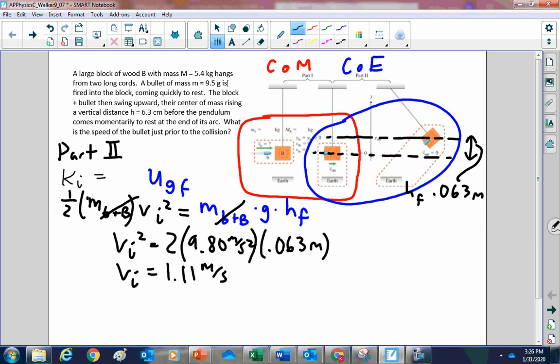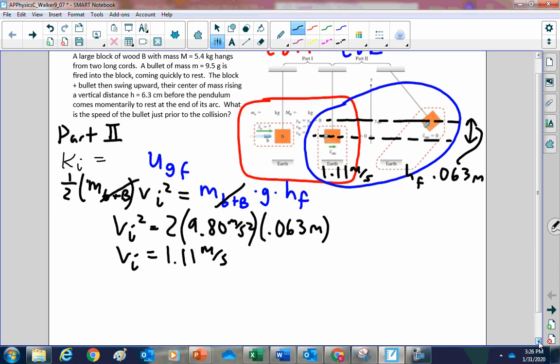That was right here, right at this moment after the collision. So now I'm going to use that as my final velocity for part one.